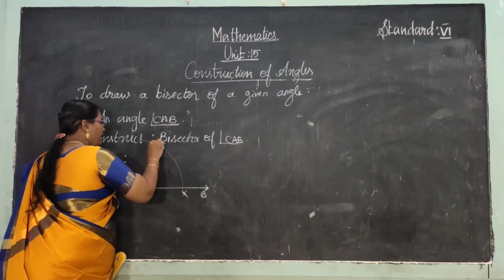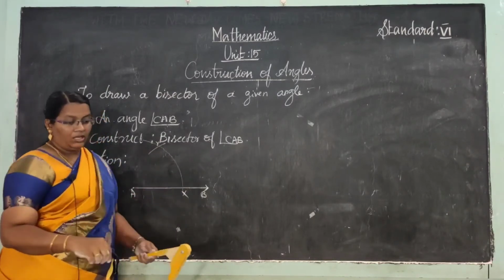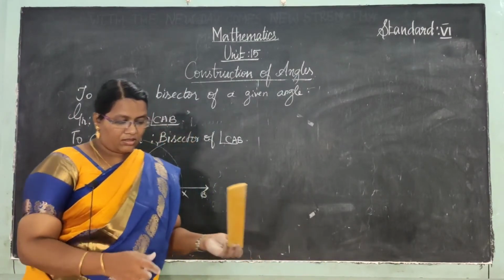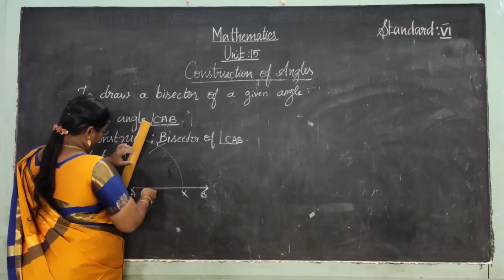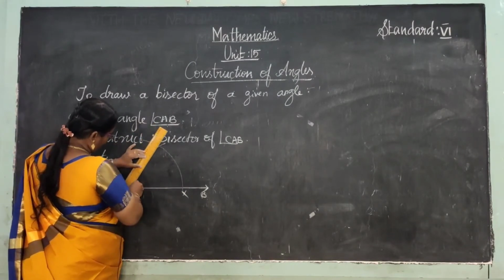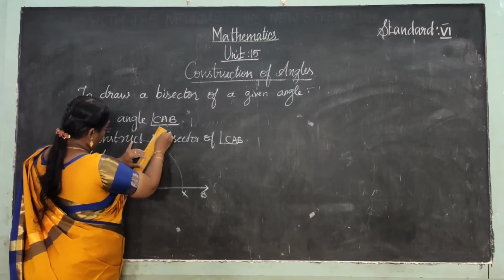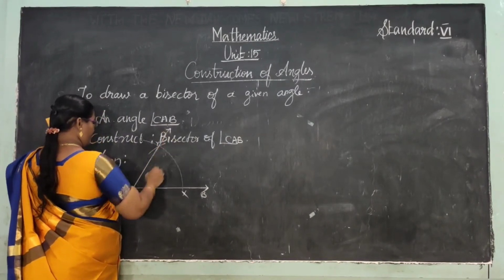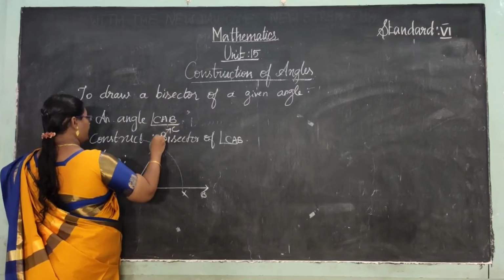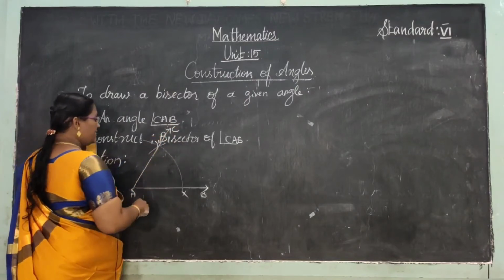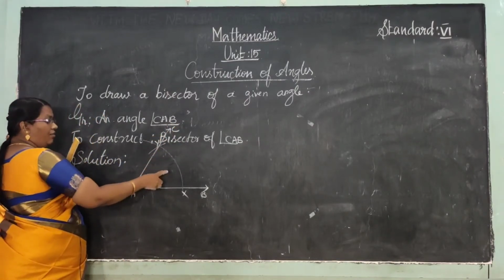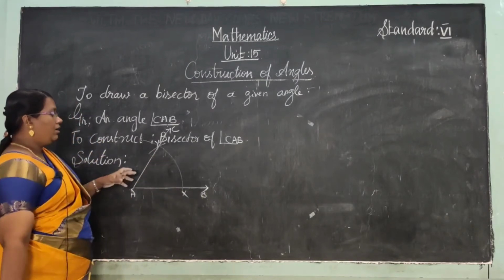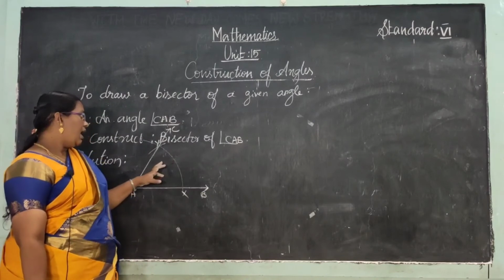It is denoted by Y. Now join A to X. Same procedure, ABC. Now we have drawn the bisector of this angle.